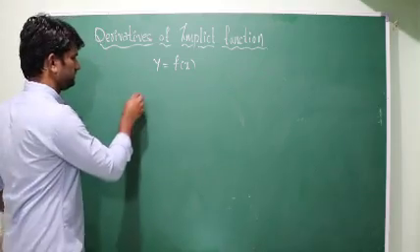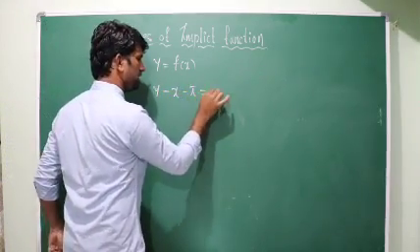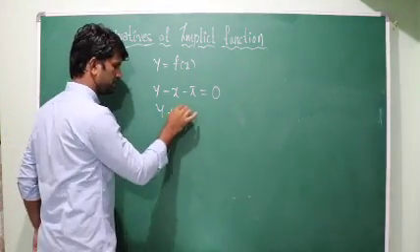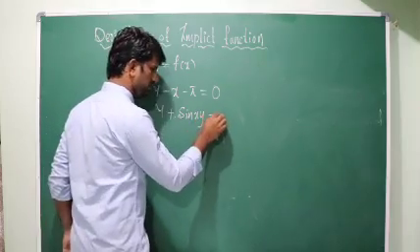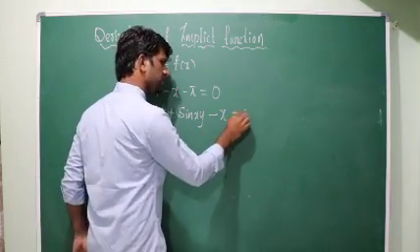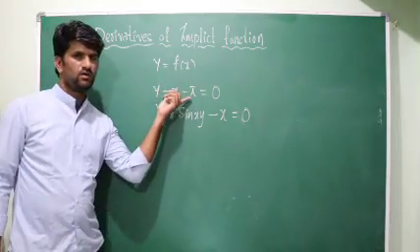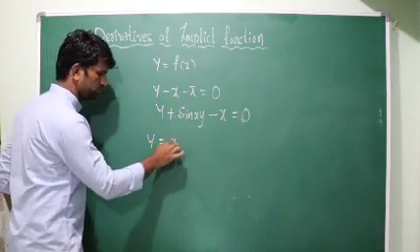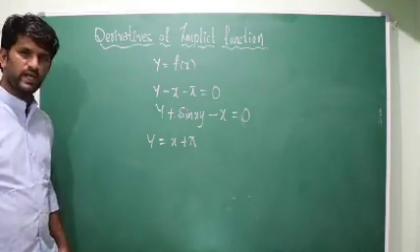For example, y minus x minus pi is equal to 0, or y plus sin xy minus x is equal to 0. First case can be rewritten as y is equal to x plus pi.